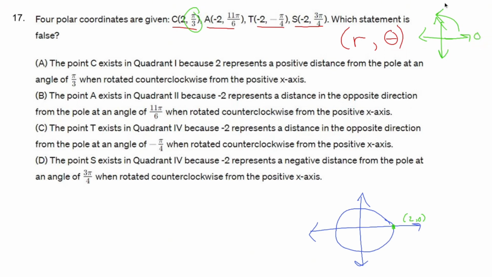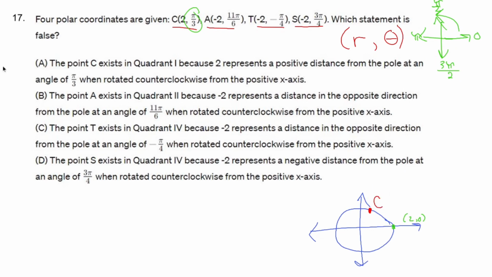You're 0, like a normal unit circle, pi over 2, pi, 3 pi over 2. So without being perfect, if I'm going to go in the direction of pi over 3 and put a dot 2 units away from the pole, I'm literally going to have a point right around here. I'll call you C. Okay, so that's where C is going to be.